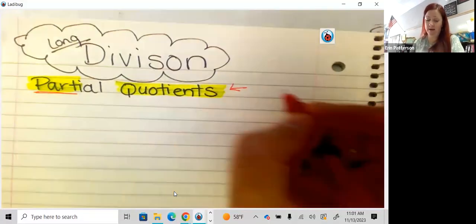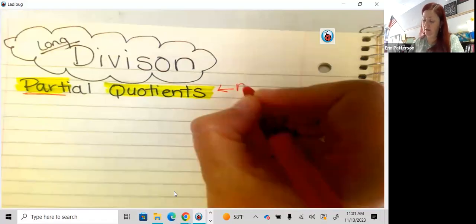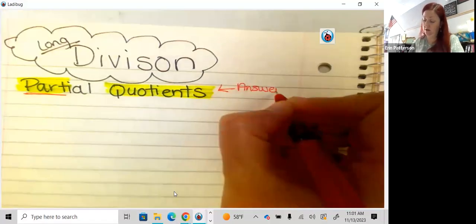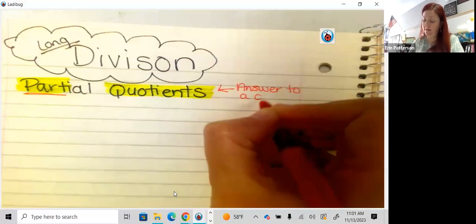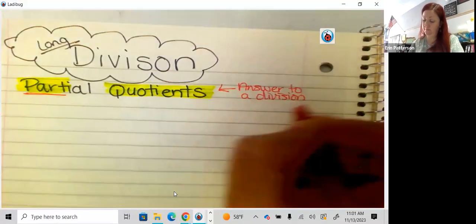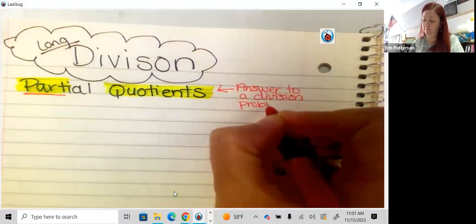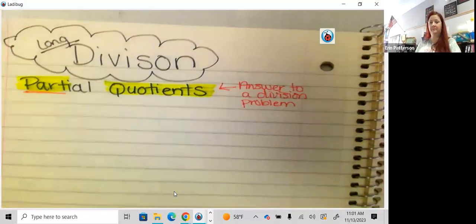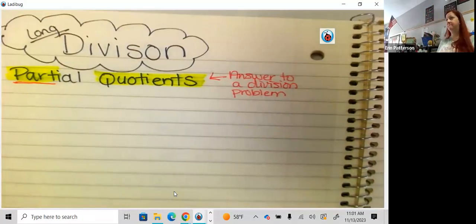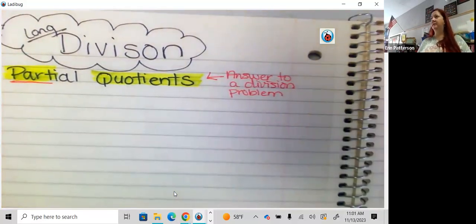Quotients, got my red pen out, are the answer to a division problem.